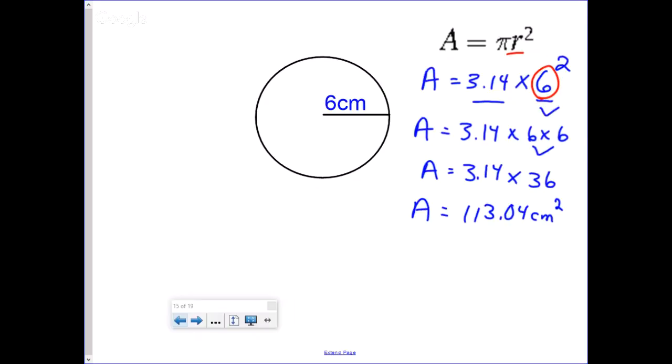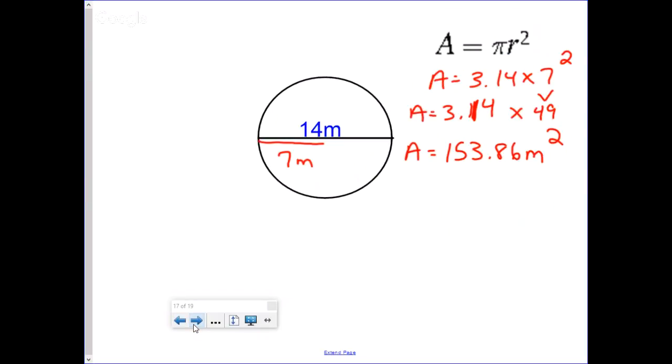Okay, and then you square it, which will end up being 36. And you multiply that times pi, which will give you this answer. So that's how you do it with a radius. You just go ahead and fill the radius in the formula, and then you work it out.